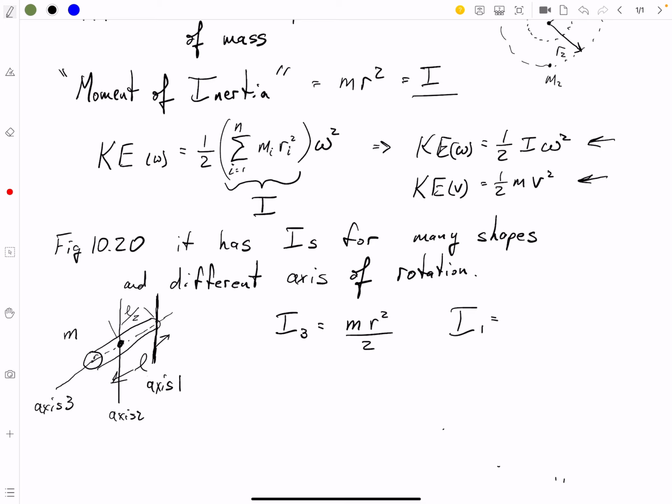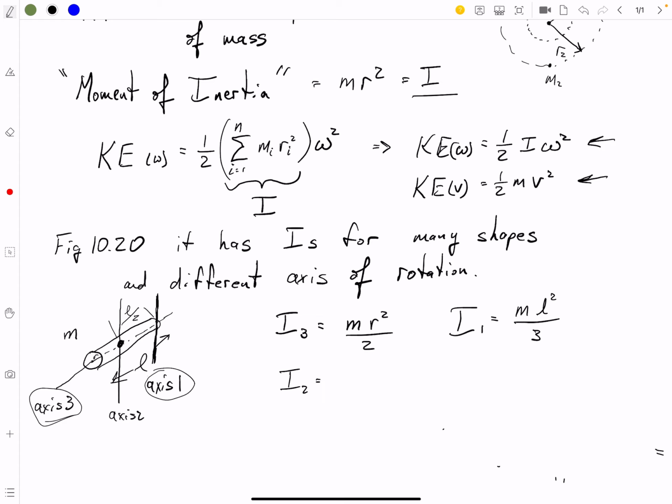And we can go over and say that I is equal to our mass of the object times the length of the object squared, and we're going to divide that by 3. Okay? So that's going about axis 1. We've already nailed down axis 3. So we have yet to do axis 2. Let's do it.